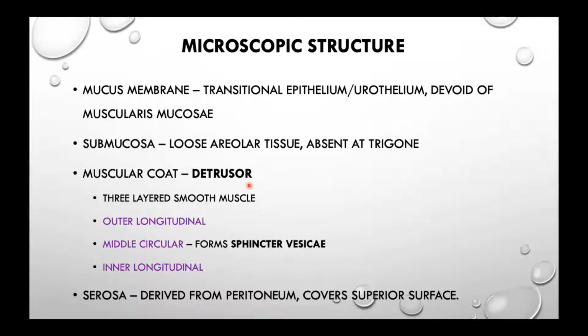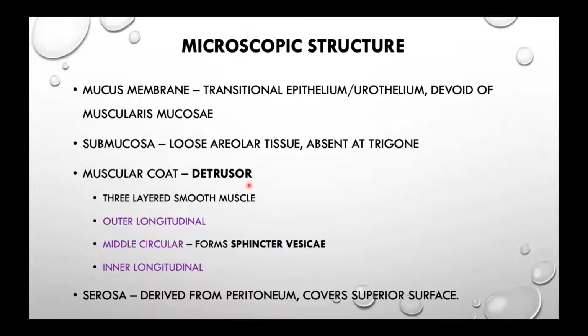Coming to the muscular coat, it has a very special muscle for the urinary bladder, called the detrusor muscle. It is a three-layered smooth muscle, having an outer longitudinal layer, a middle circular layer and an inner longitudinal layer.